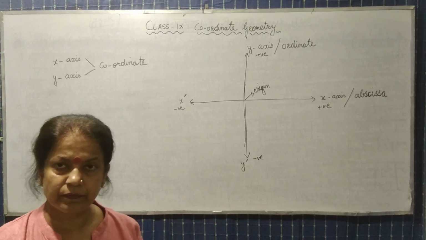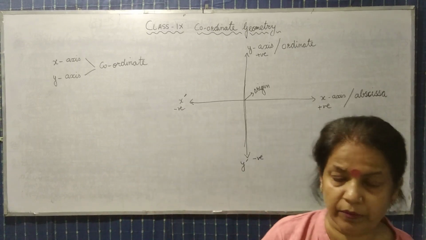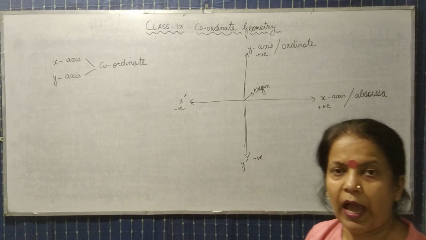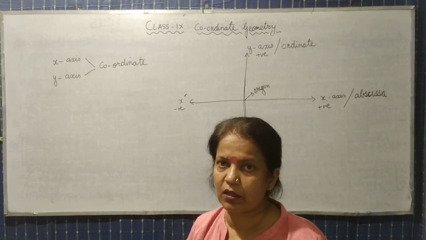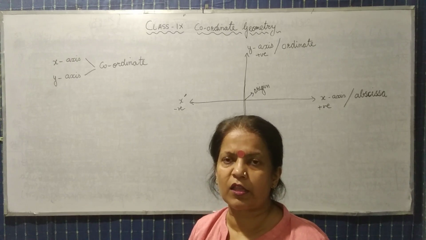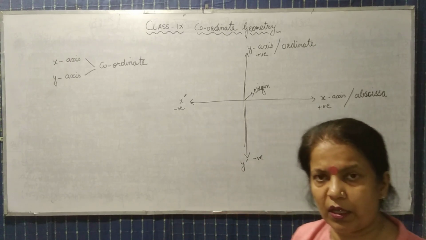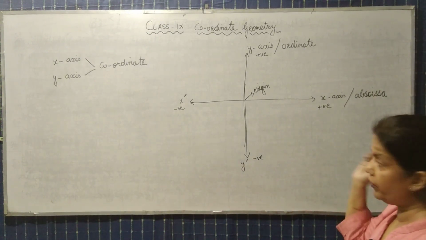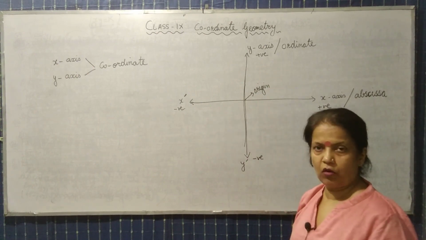Is it clear? तो x axis का other name abscissa, y axis का other name ordinate, and x and y axis together make coordinate, or we can say abscissa and ordinate together make coordinate. The point of intersection of both the axes is called as origin.